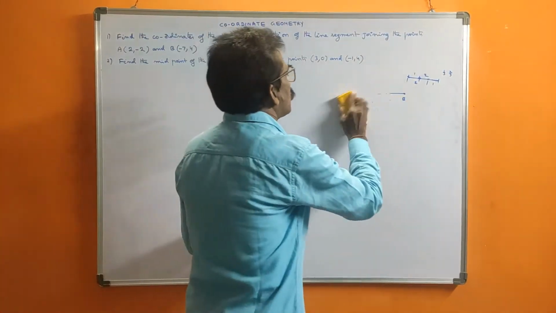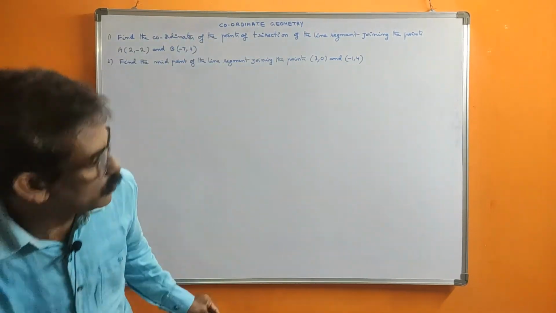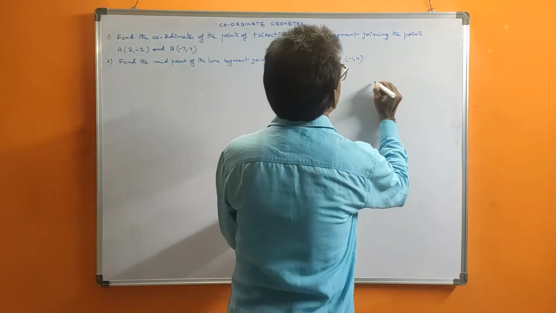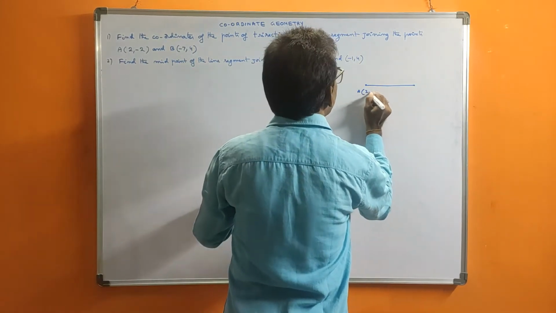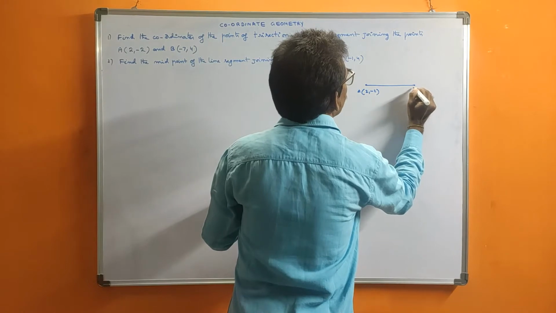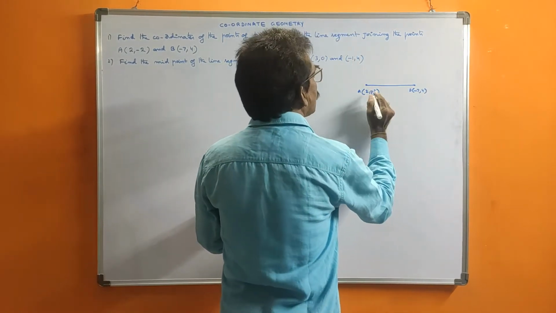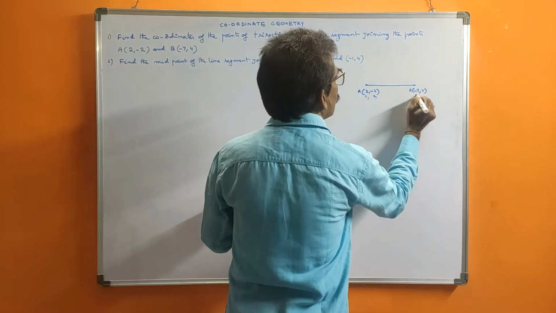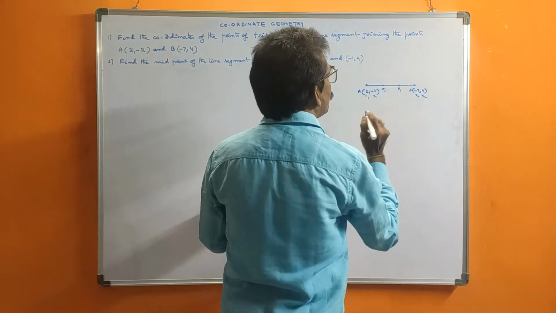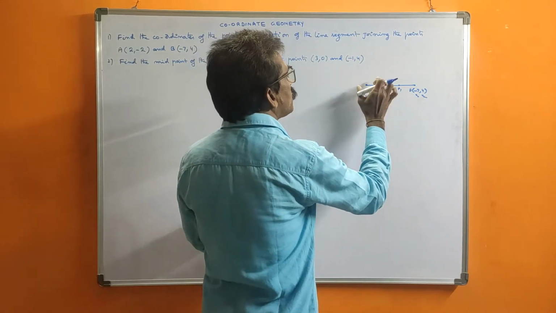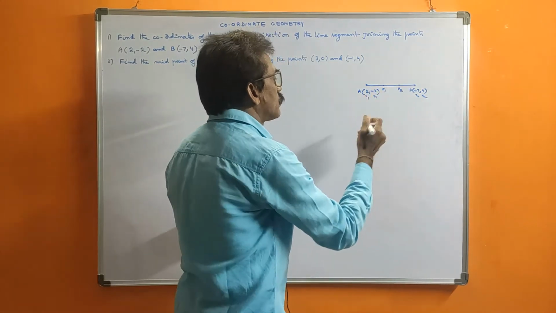Now, A (2, -2) is one point and B (-7, 4) is the other point. Take these as (x1, y1) and (x2, y2). P1 divides AB in 1:2 ratio, and P2 divides in 2:1 ratio.